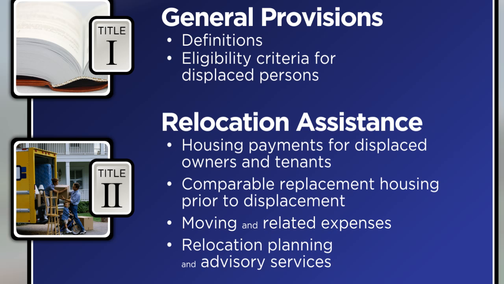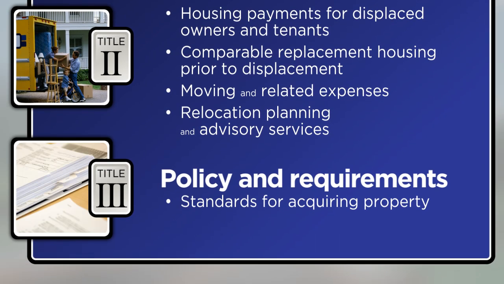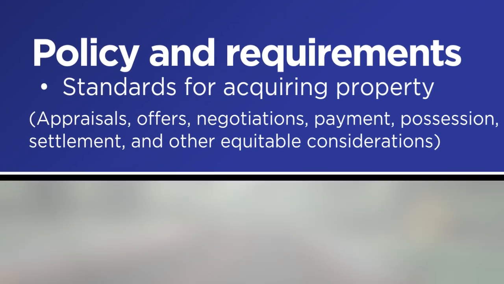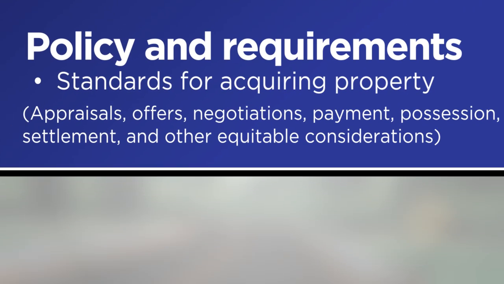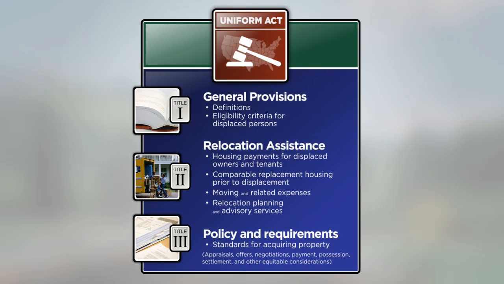This section also covers moving and related expenses, as well as relocation planning and advisory services. Title III establishes the policy and requirements for acquiring property on federal aid projects. In this section, standards are set for appraisals, offers, negotiations, payment, possession, settlement, and other equitable considerations.